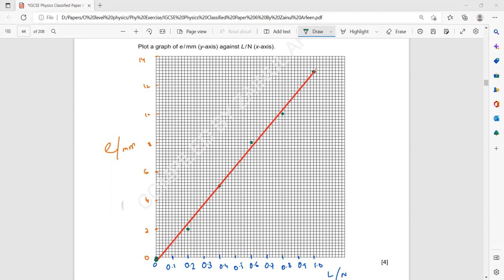And it's not necessary that we join the last point. Even the last point can be above or below. But the idea of a line of best fit is that we should have the same distance or an equal number of points above and below. Is it clear, this one?